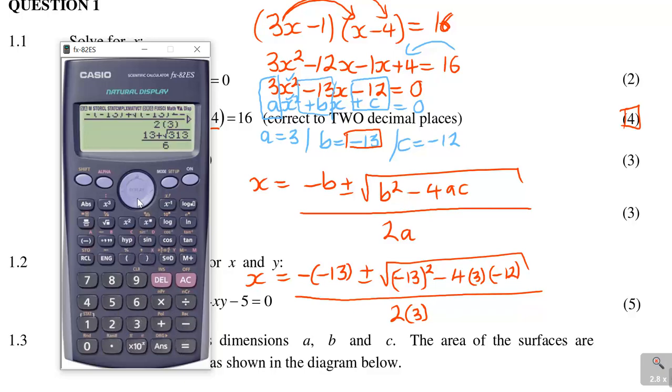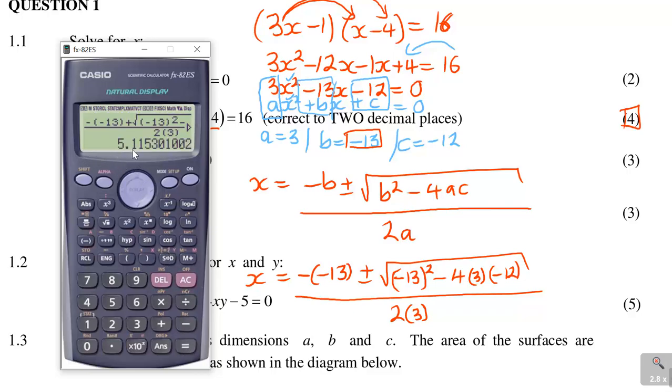So you see, I got this, but remember they say to 2 decimal places. Let me quickly check again if I did the right thing. Minus 13 plus 13 squared minus 4 times 3 times minus 12 over, let me go down to 3. So far so good.